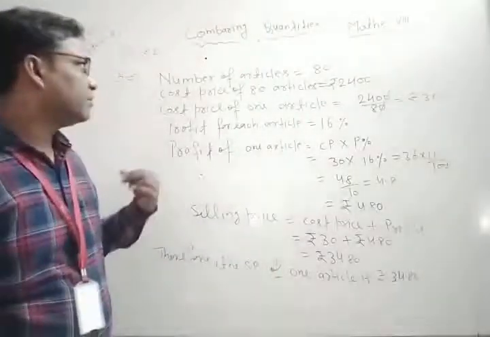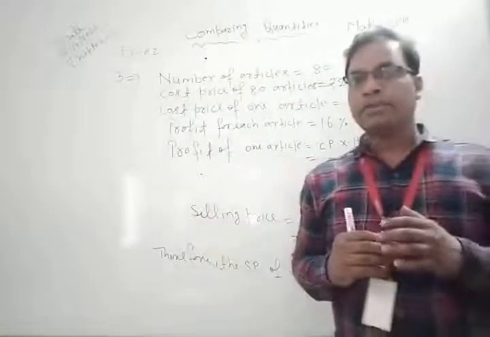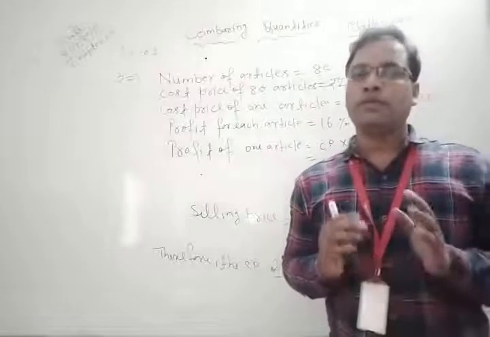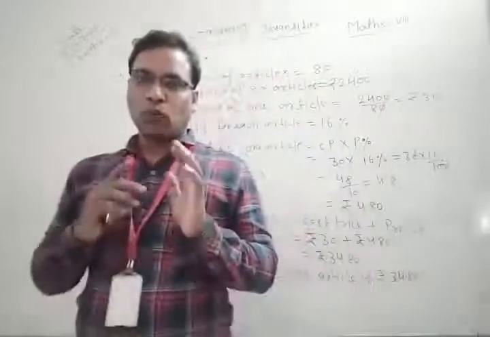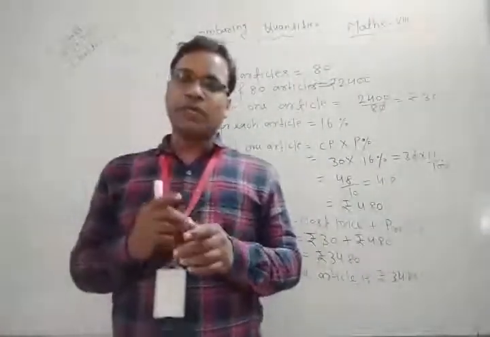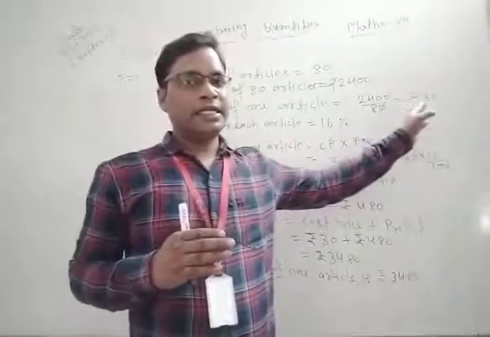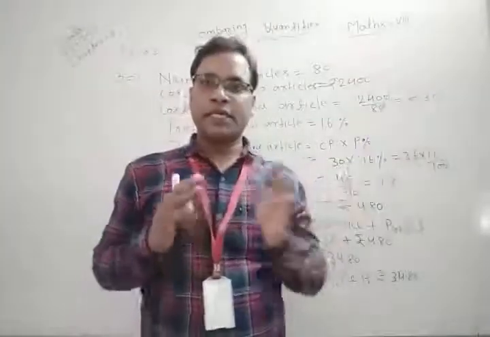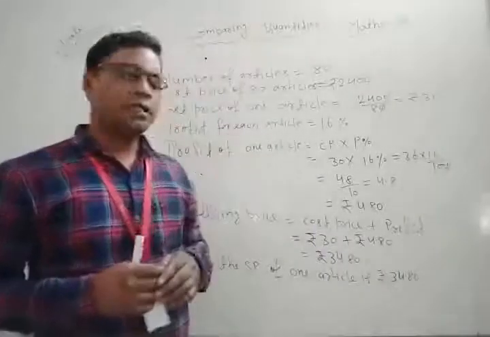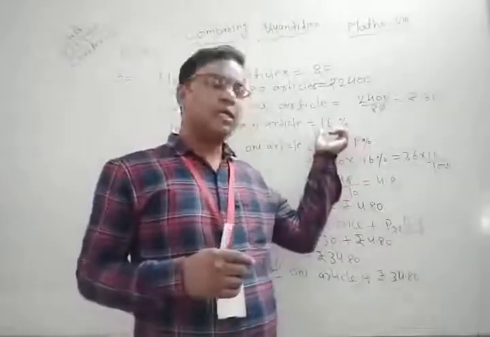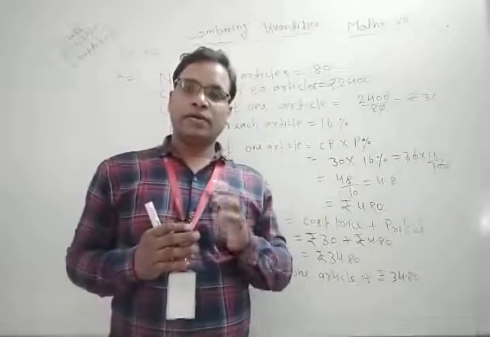In this question, this is given: number of articles is 80, and cost price, CP, of 80 articles is given, 2,400 rupees. So we find the cost price of one article. This is equal to 2,400 by 80. Then it becomes 30 rupees. 30 is the cost price of one article, and also this is given that profit percentage is 16%, and we need to find profit of one article.